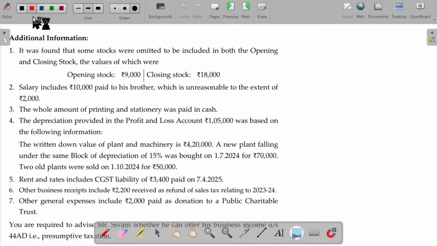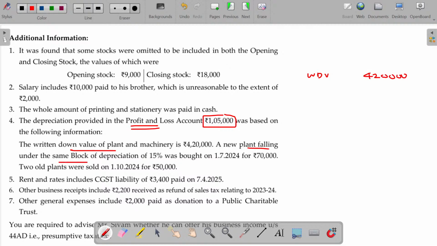Fourth one: depreciation provided in the profit and loss account, being 1,05,000, was based on the following information. The written down value of the plant and machinery is 4,20,000.